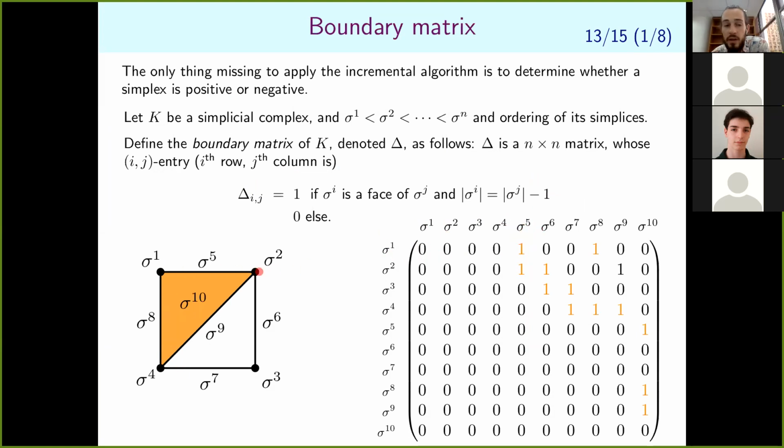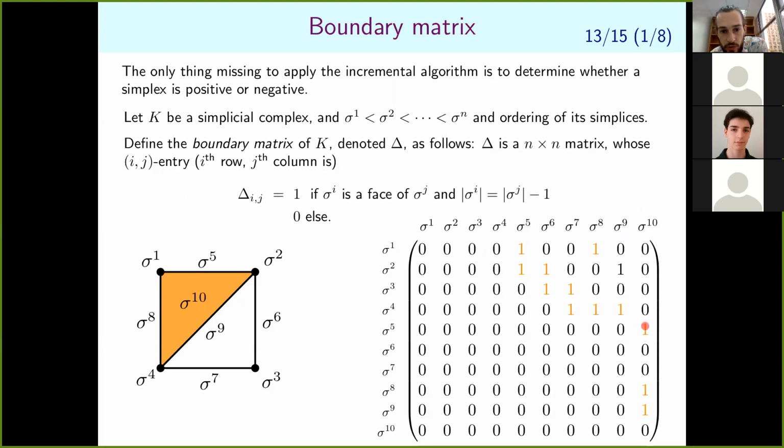For instance, sigma 5, this is this edge. It has as a boundary sigma 1 plus sigma 2. So I write two 1s here in front of sigma 1 and sigma 2. Sigma 10, this is a triangle. We know that its boundary is the sum of its edges, sigma 5, sigma 9, sigma 8.